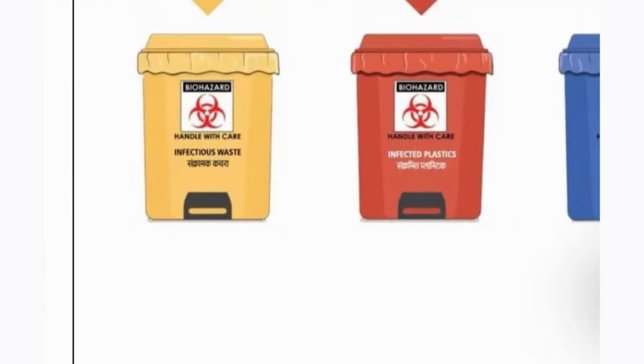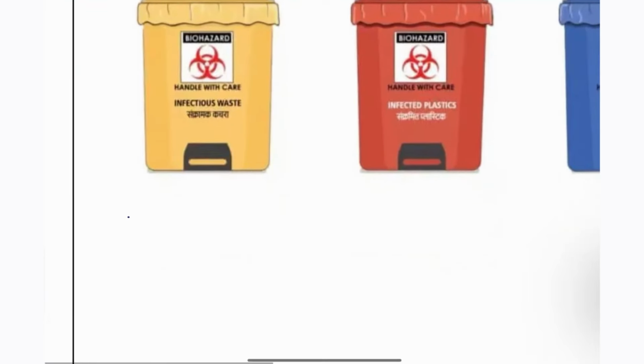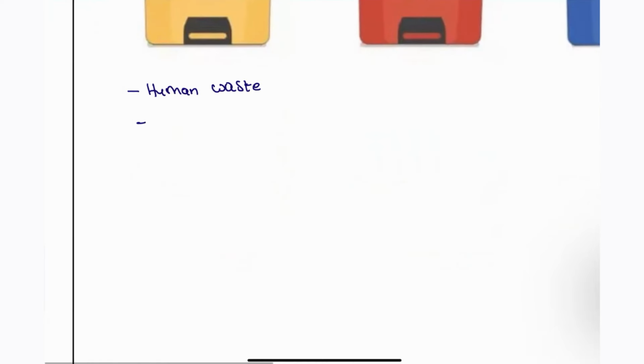Commonly the wastage of the human, like placenta. If you see, placenta is discarded where? In the yellow only, right? So like that, you are going to discard the human waste. Along with the human waste, you can also put the cytotoxic, such as wasted drugs. Next, petri dishes.